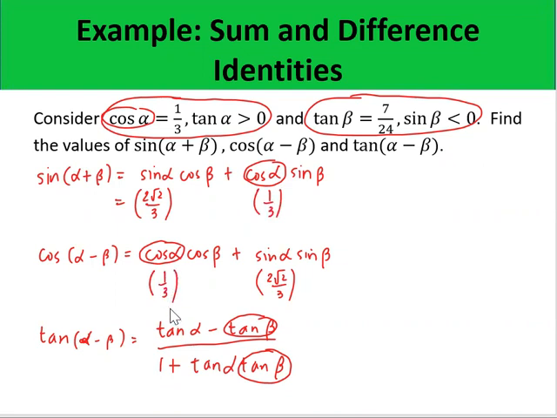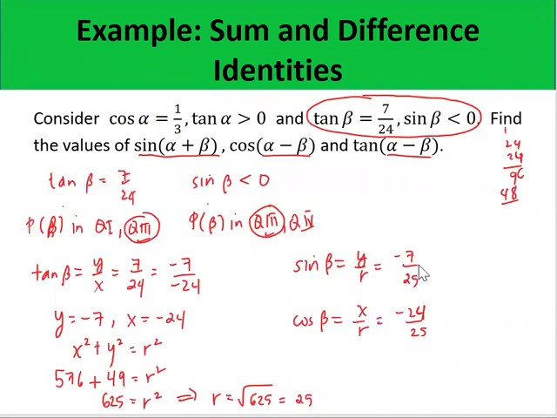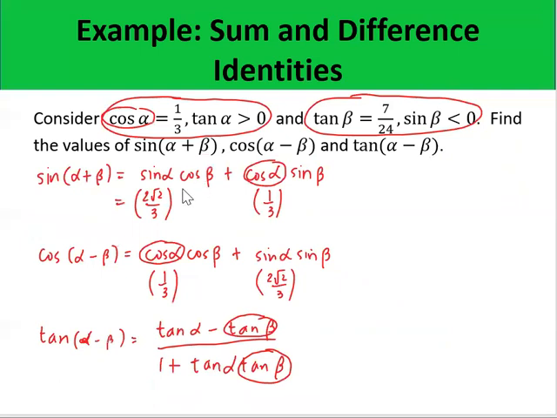And then cosine of beta and sine of beta. So cosine of beta is negative 24 over 25 and sine of beta is negative 7 over 25. So we have here negative 24 over 25 plus this thing times negative 7 over 25.